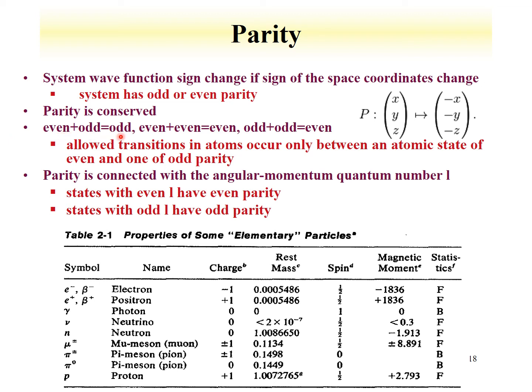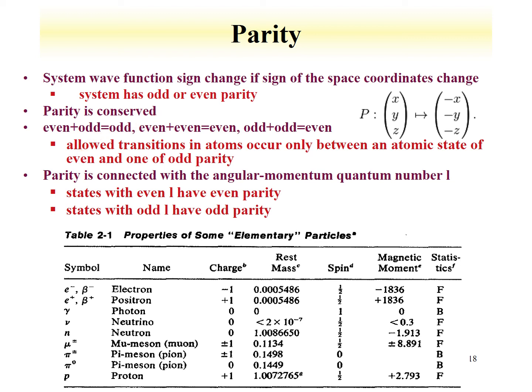What this really means is, as a nucleus decays and goes from one state to another, spin is important and parity is important. As it slides into a spin state, does that state have a similar parity or not to the state that it's coming from? And we'll see that allowed transitions, those decays which tend to have shorter half-lives, are going to be between states of the same parity.